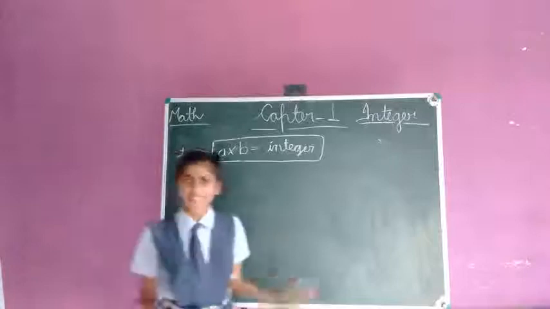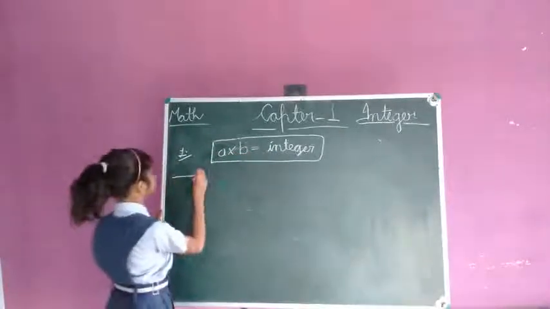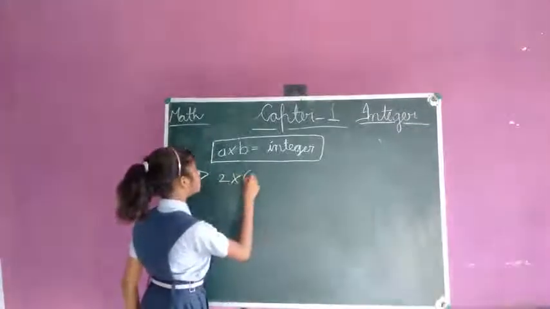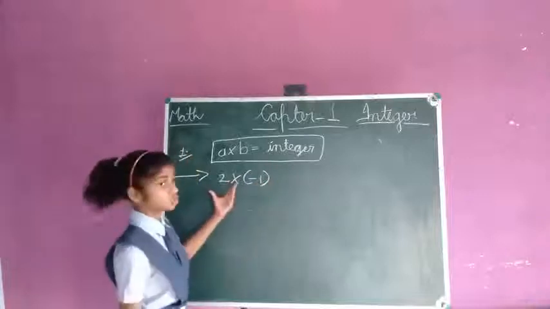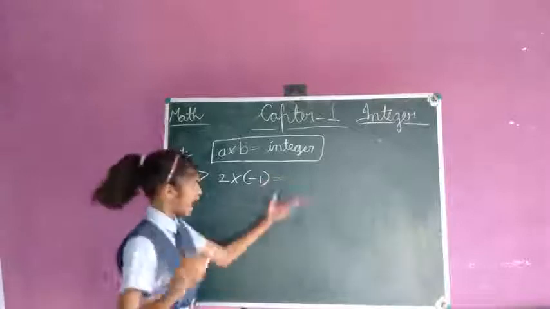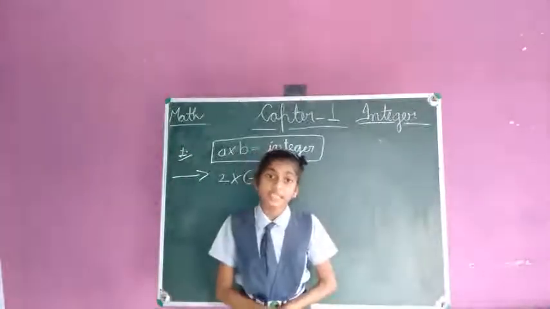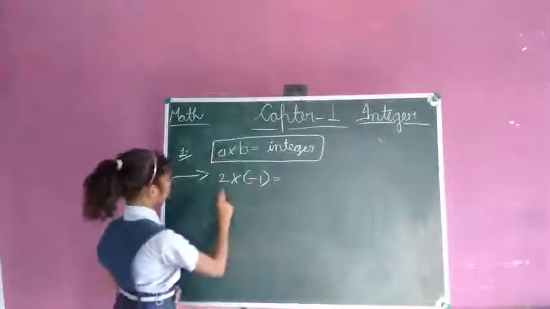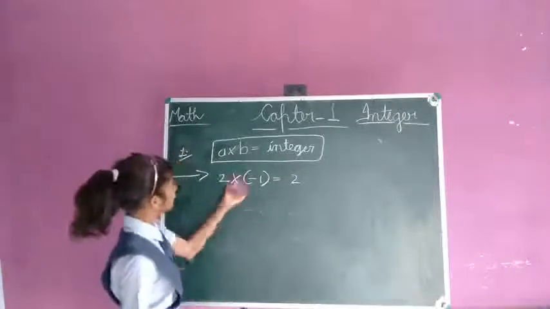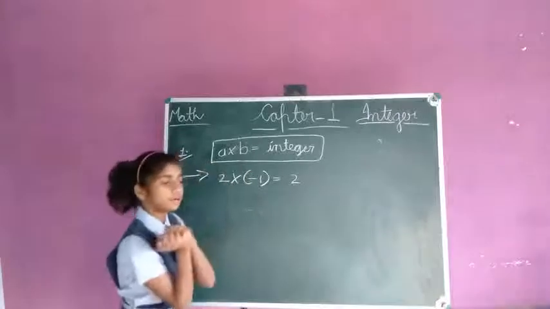Let's take an example related to closure property. It should be 2 into minus 1. 2 is an integer, minus 1 is an integer. So their answer should also be an integer. So 2 ones are 2. And there is one positive, one negative. They are opposite to each other.